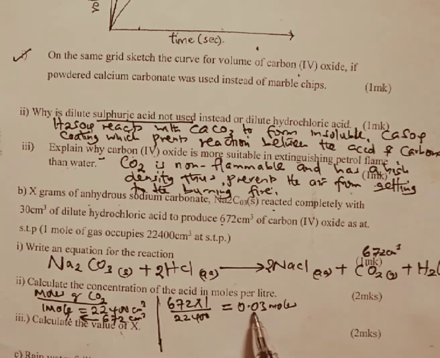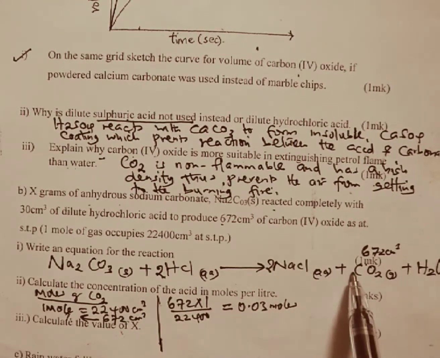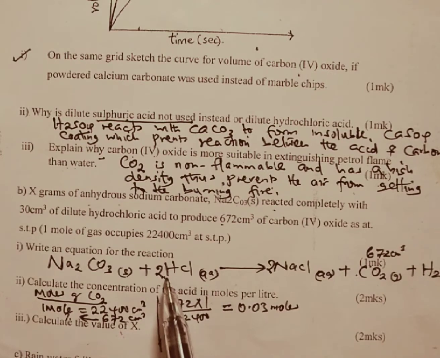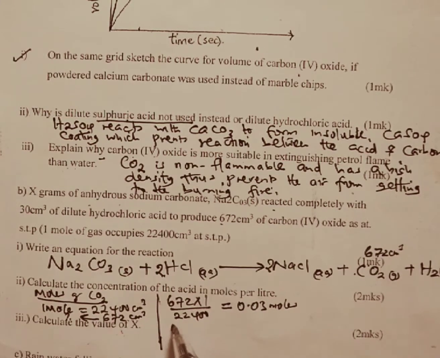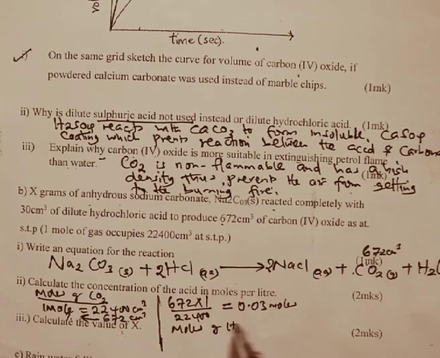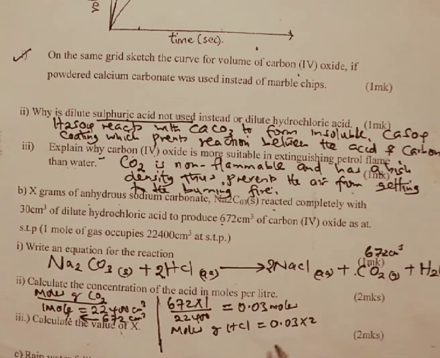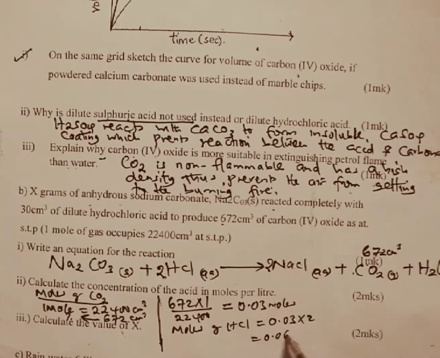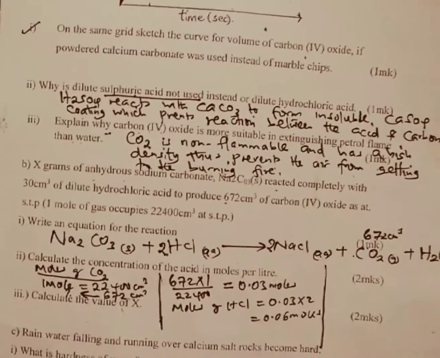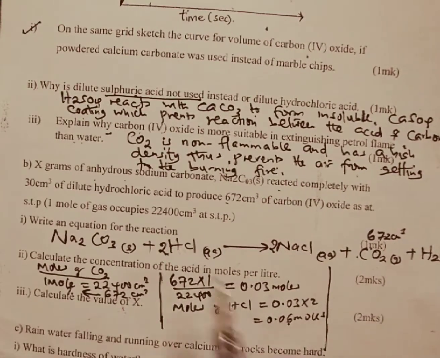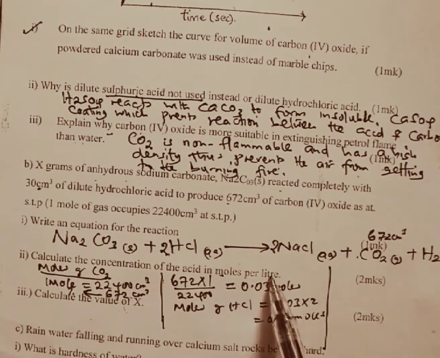These are the moles of carbon 4 oxide, but if you look at the mole ratio of the acid to that of carbon 4 oxide, you realize the moles of the acid are twice of carbon 4 oxide, and therefore moles of HCl will be equal to 0.03. You multiply by 2, which gives us 0.06 moles. We know that this number of moles were contained in 30 centimeter cubic, but we need to calculate the number of moles which are in 1 liter.